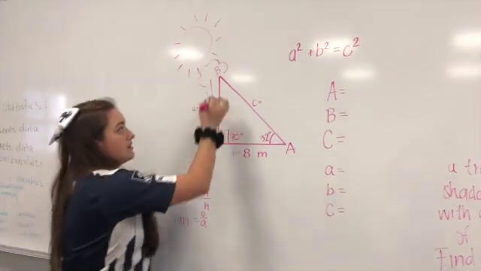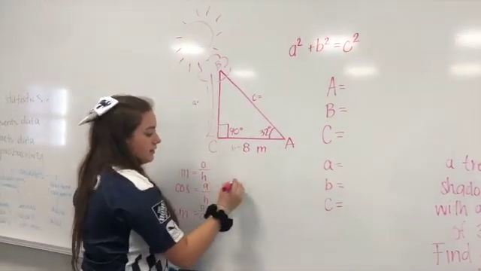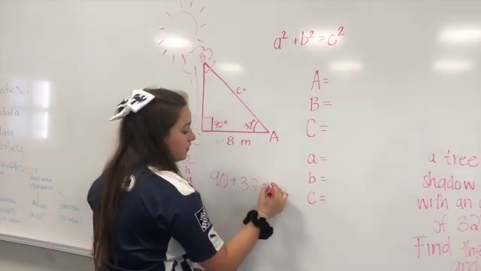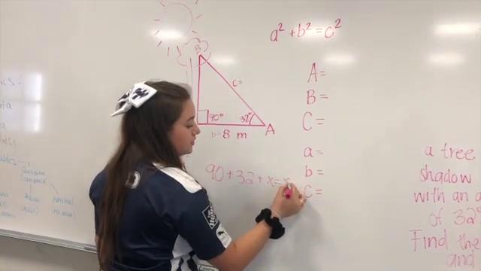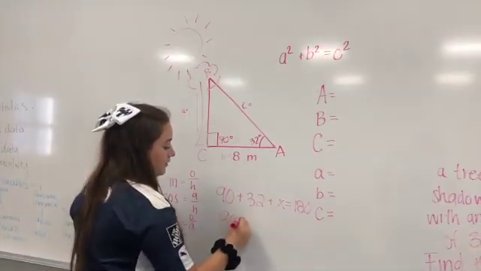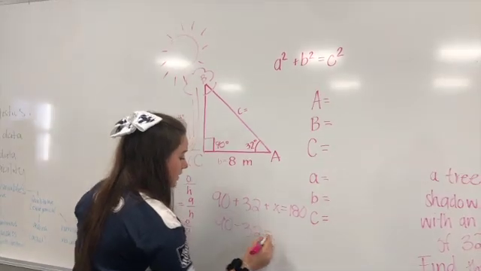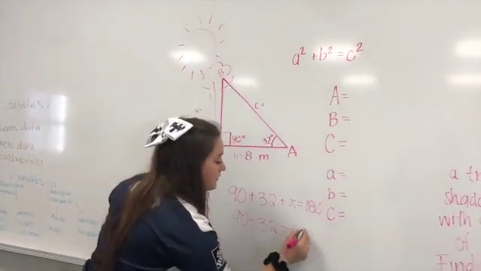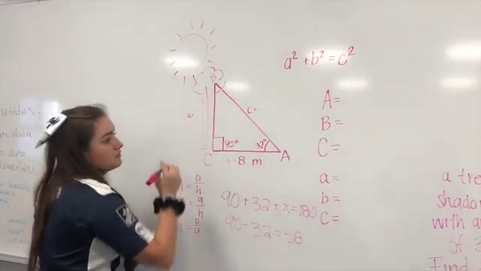So now we can get the missing angle. How do we get it? 90 plus 32 plus another number equals 180. So 90 minus 32 equals 58. The missing angle is 58.